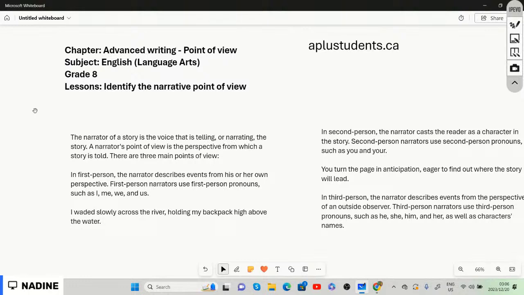So the chapter that we are focusing on is point of view, which is advanced writing, English Language Arts, grade 8. And the lesson that we're going to be focusing on under the chapter of point of view is to identify the narrative point of view.